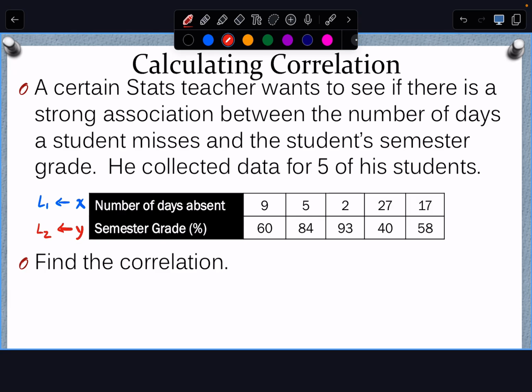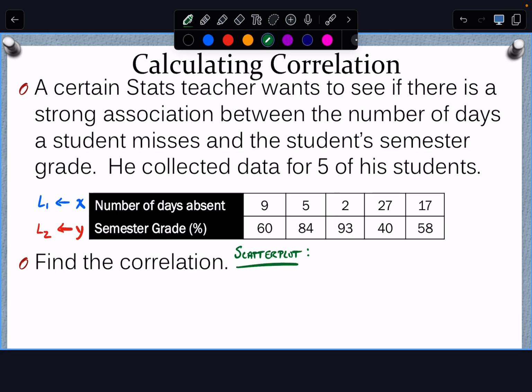So get those values entered here real quick. After you enter the values, always just run a quick double check that you typed everything in correctly.